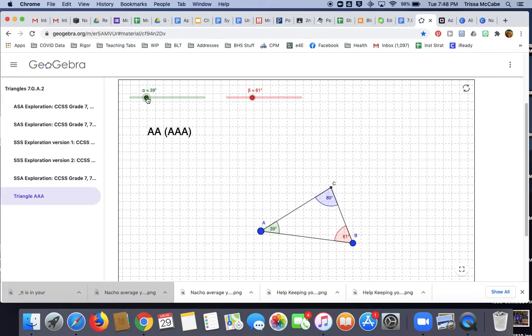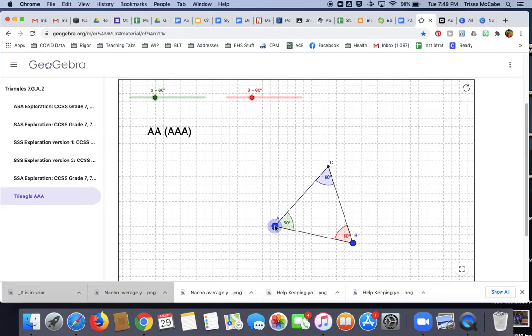Let's go ahead and just look at a 60-degree equilateral triangle. So right now all the angles are 60 degrees. If I change the side lengths, you will see that I'm still having an equilateral triangle.